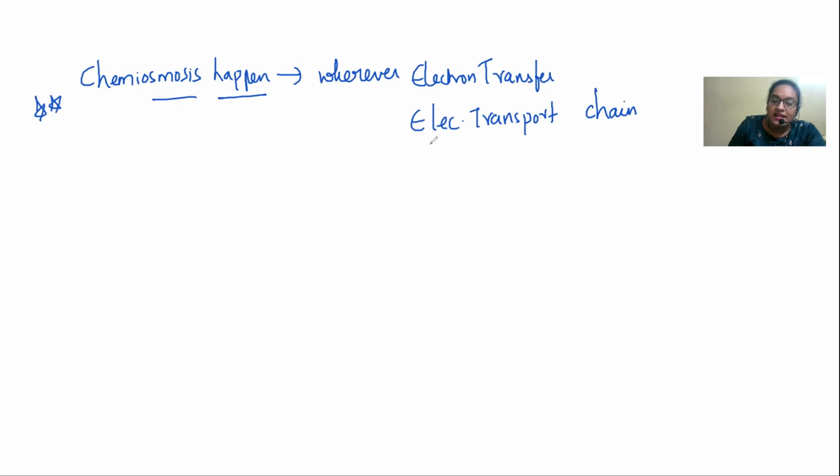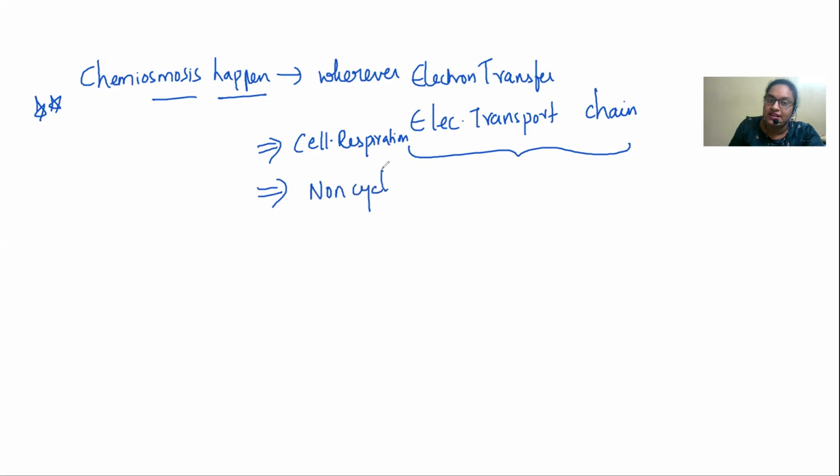So remember the electron transport chain. Where have you seen it? In the cellular respiration process, we have seen the electron transport chain after the Krebs cycle. And remember that the electron transport chain is also seen in non-cyclic as well as cyclic photophosphorylation. In photosynthesis, we can see electrons getting transferred from one carrier to the other, which is nothing but the electron transport chain.